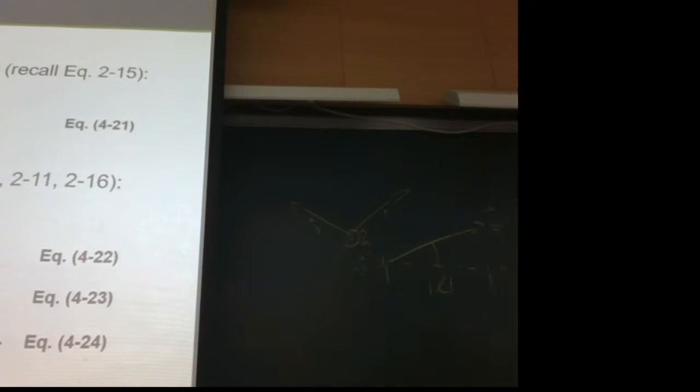Okay. And so that means that we can decompose a projectile motion into a motion that is just up and down in y direction, and a motion that is just straight in x direction. And so this is just like vector components.